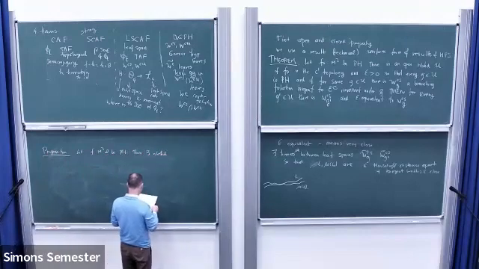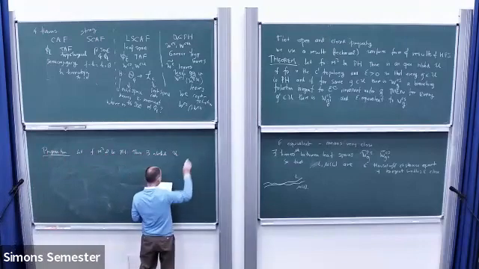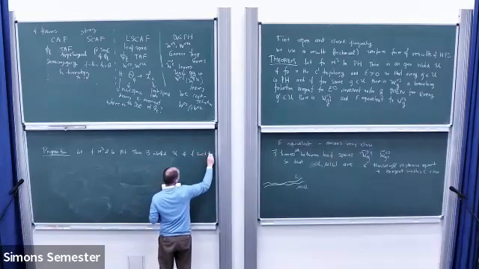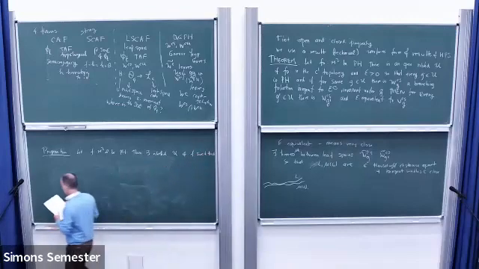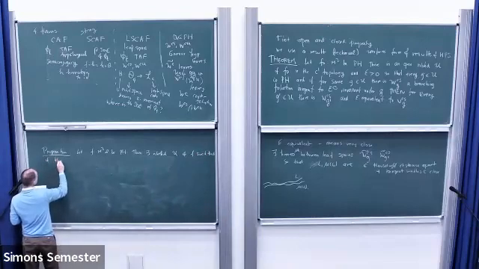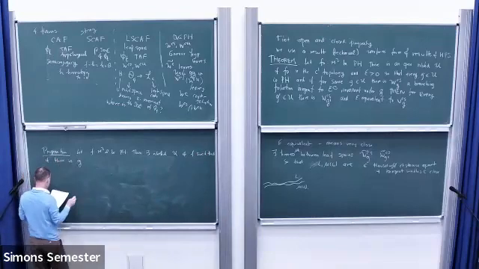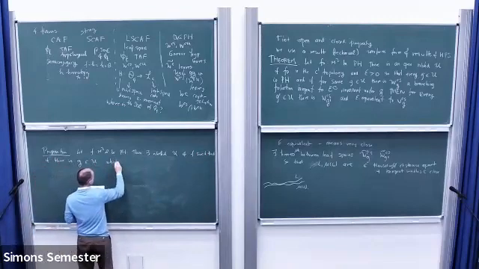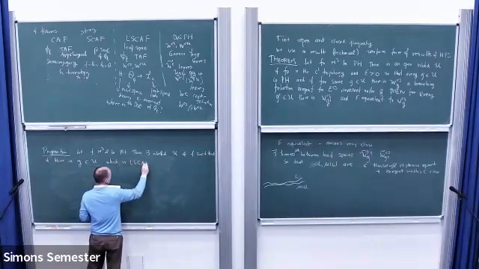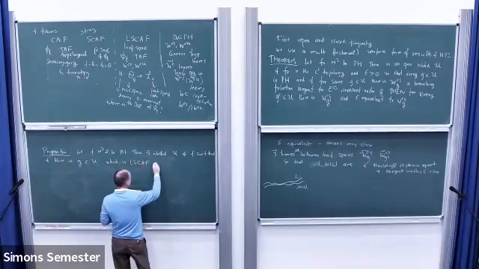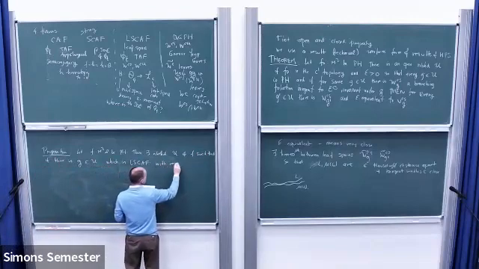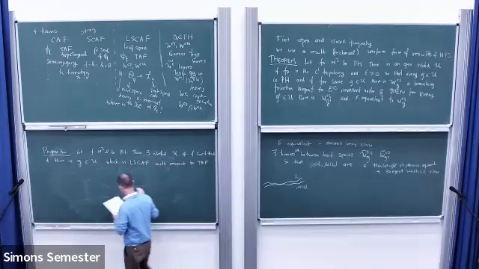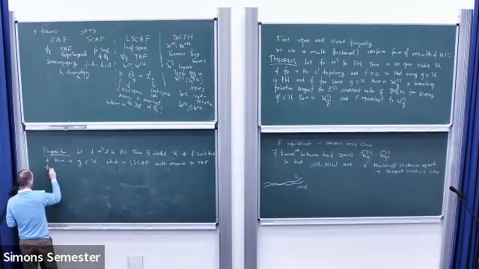So we start with an F. There's a neighborhood U, which is going to be exactly that neighborhood, with respect to topological coordinates.